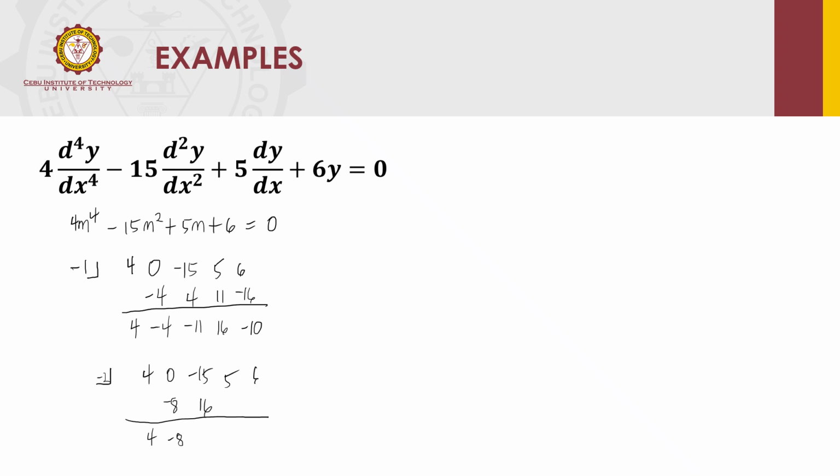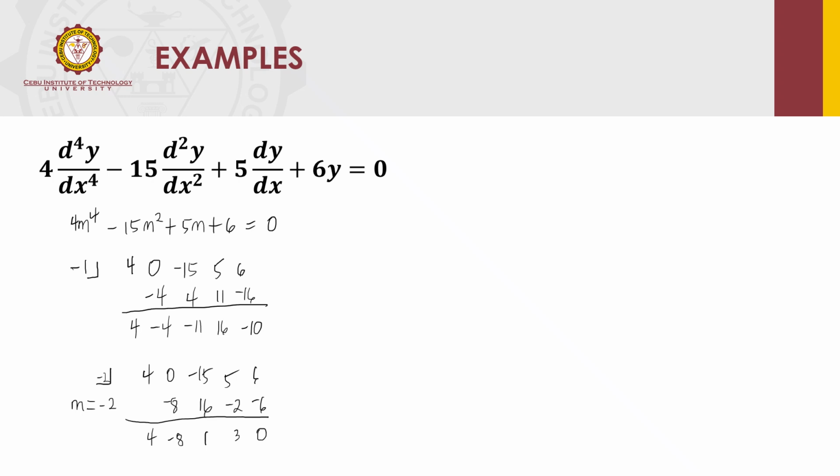The difference is 1, and then negative 2, and then you have 3 times negative 2, so it's negative 6. So the remainder now is 0. Therefore, m equals negative 2 is a root of the auxiliary equation, or m plus 2 is a factor of this polynomial expression.